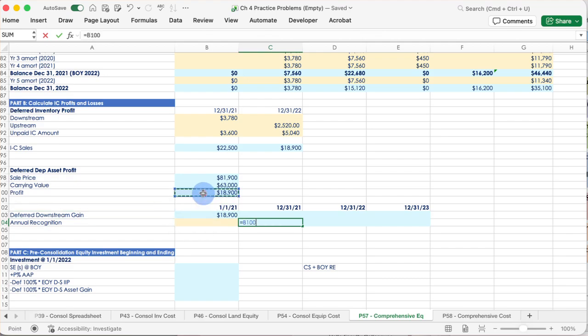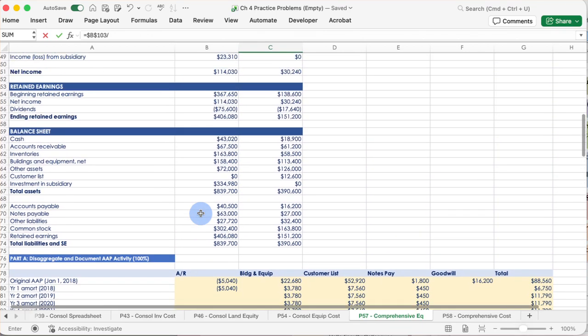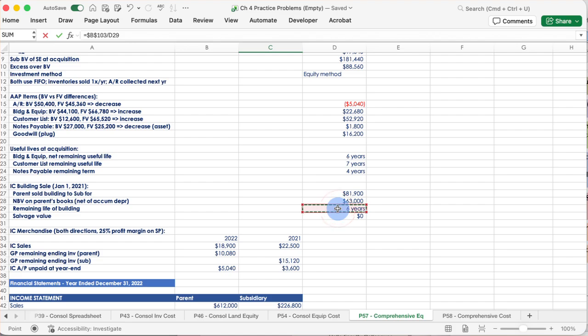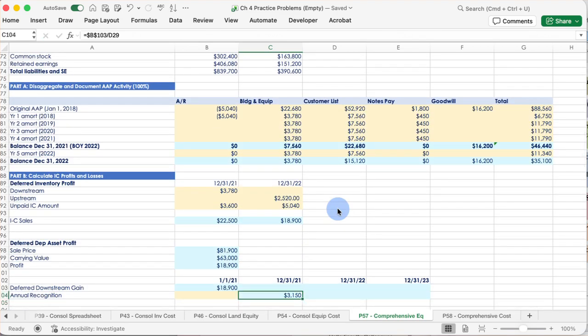We'll grab this 18,900, lock that in, and divide it by the remaining life that was given, 6 years. And we get 3,150. And now we can say the original downstream gain minus that difference. And then we can pull this all the way to the right.